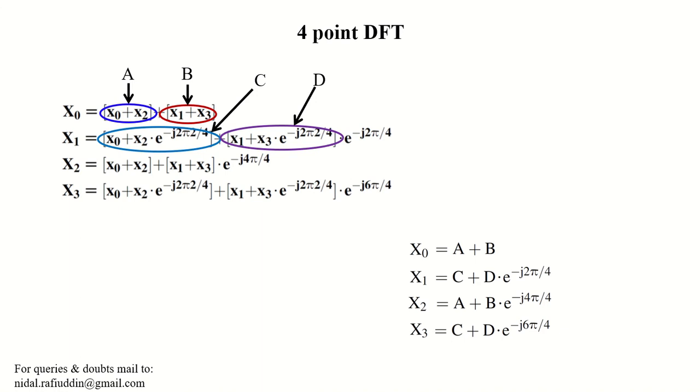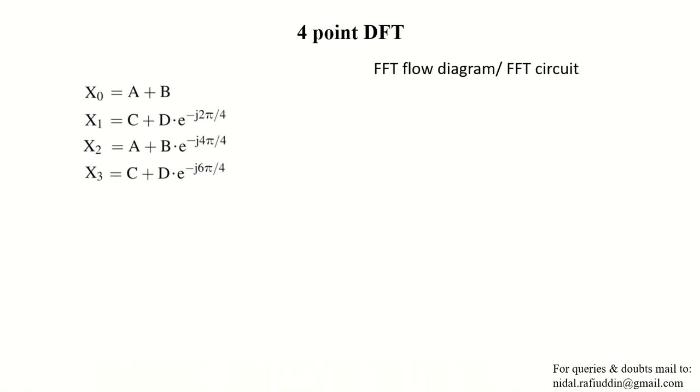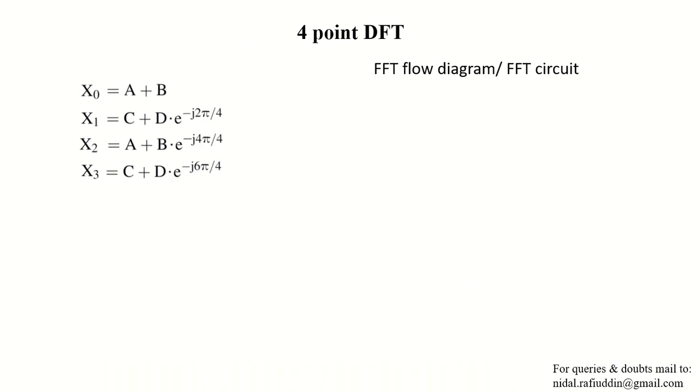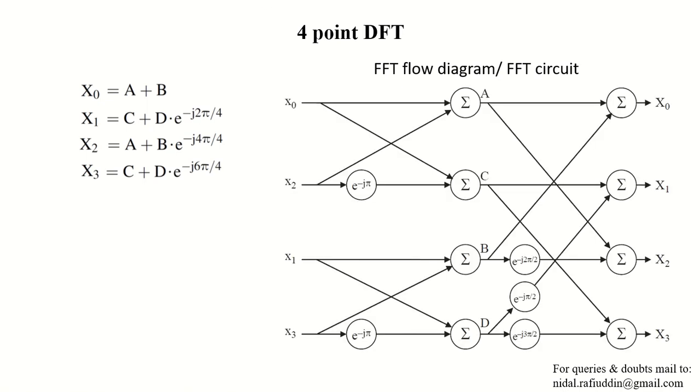Now these simplified sets of equations can be represented in terms of what is called the FFT flow diagram of the FFT circuit. We saw the flow diagram for 2-point DFT, and now for 4-point DFT this can be drawn in this manner. So we have the input x0 and x2. What we assumed in the previous slide was a was taken as x0 plus x2.